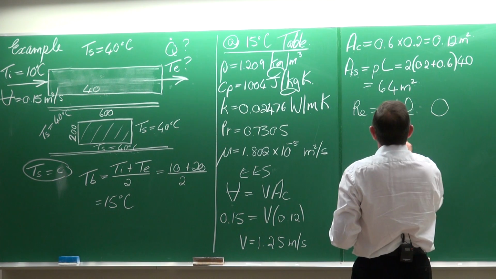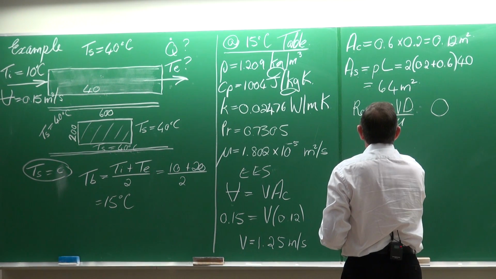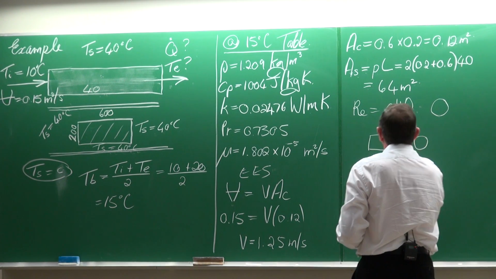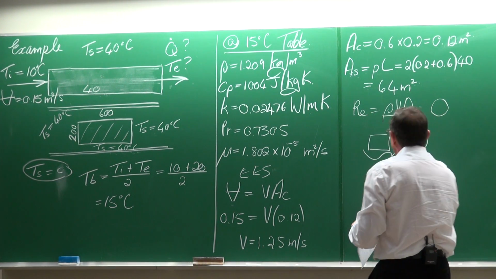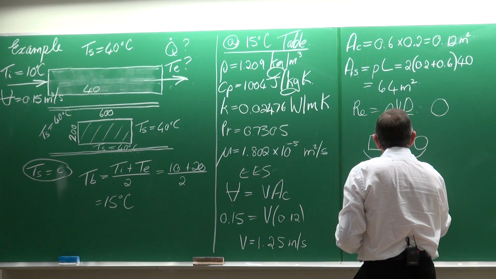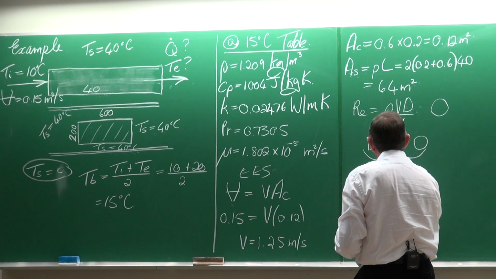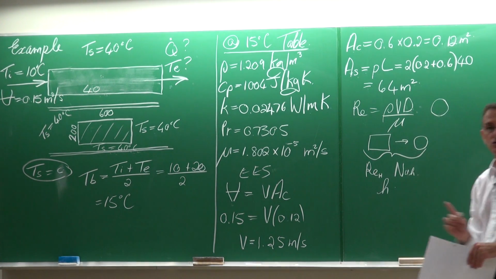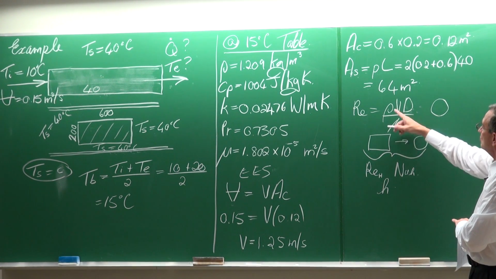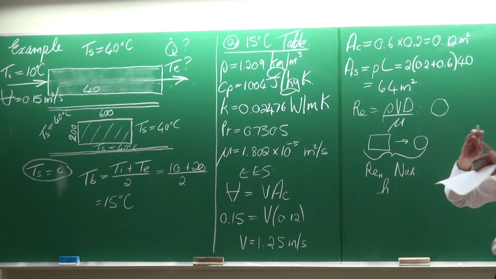So we need to realize that we need to transform this cross-sectional area to that one, and we do that to get the Reynolds number based on the hydraulic diameter. We need to get the Nusselt number based on the hydraulic diameter so that we can get the heat transfer coefficient. That is the only reason why we're going to make this transformation, changing it to a circular tube.